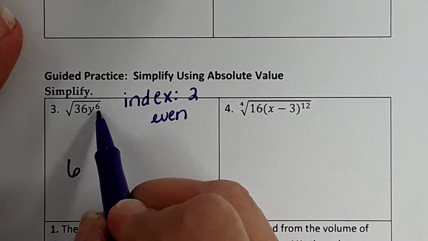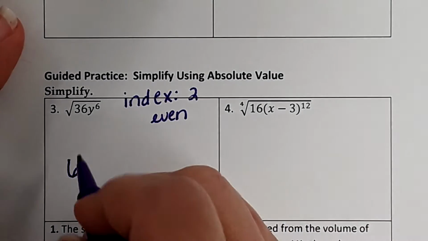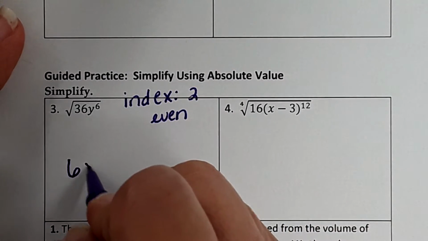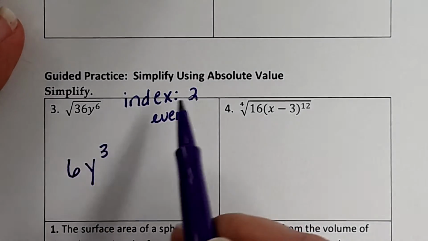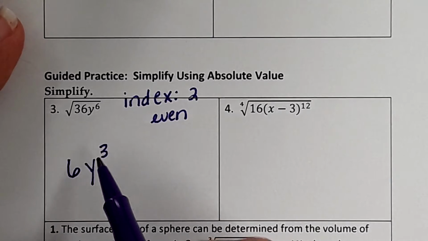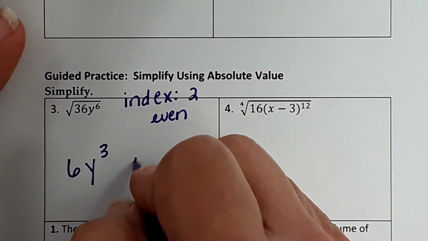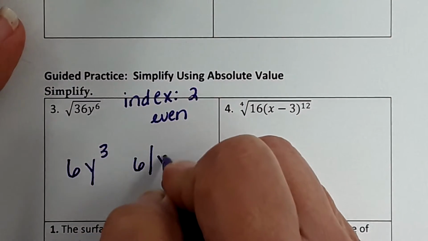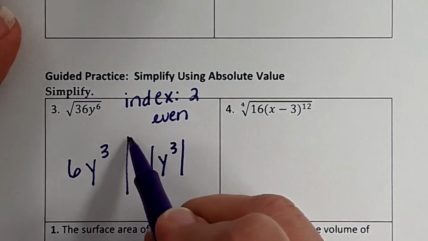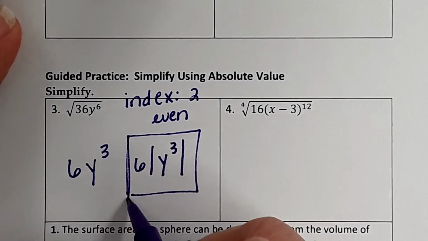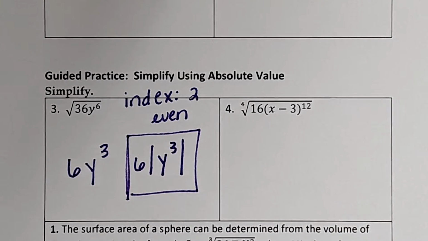What's 6 divided by 2? 3. So when you get that, because you divided an even exponent by an even index and you got an odd exponent, then your answer is going to be an absolute value. Notice that only the variable is an absolute value, not the numerical part.